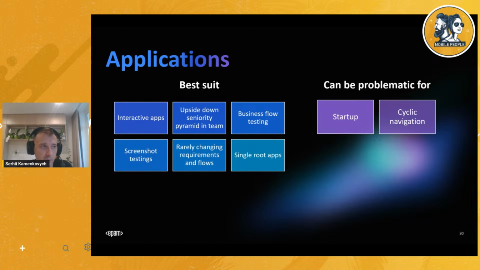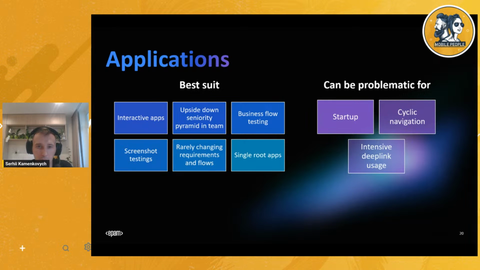And if you have a requirement to navigate back or again visit the product and then navigate back, this is practically not possible with TCA, because you will need to keep all the states and all the reducers composed one into another, and it will be really problematic to create this tree of stores for this case. So that's also not the best choice if you have such a requirement.